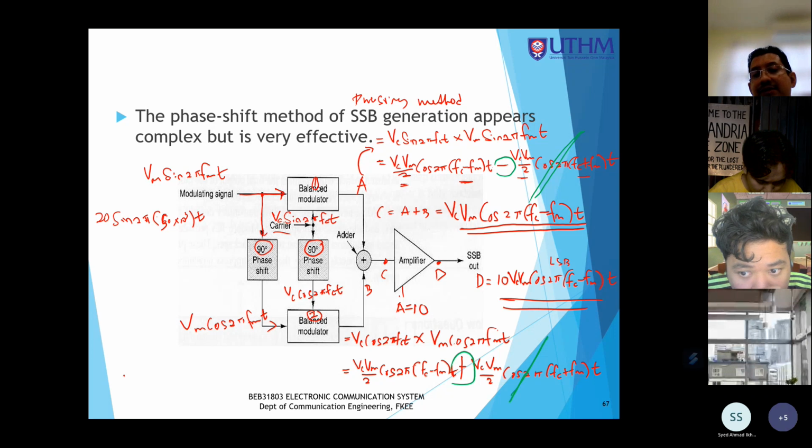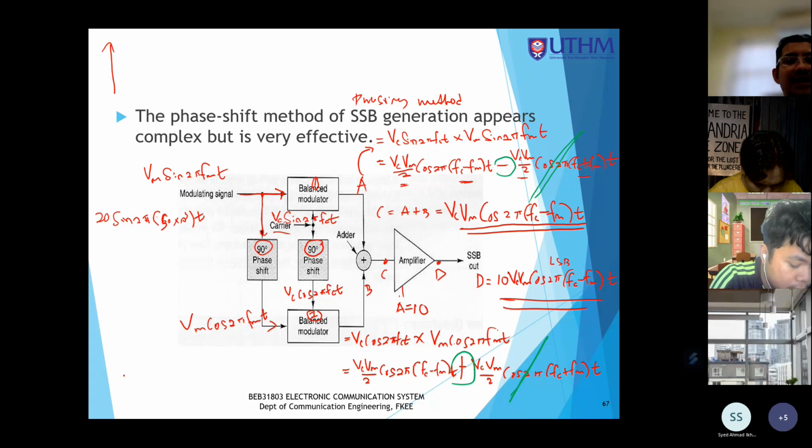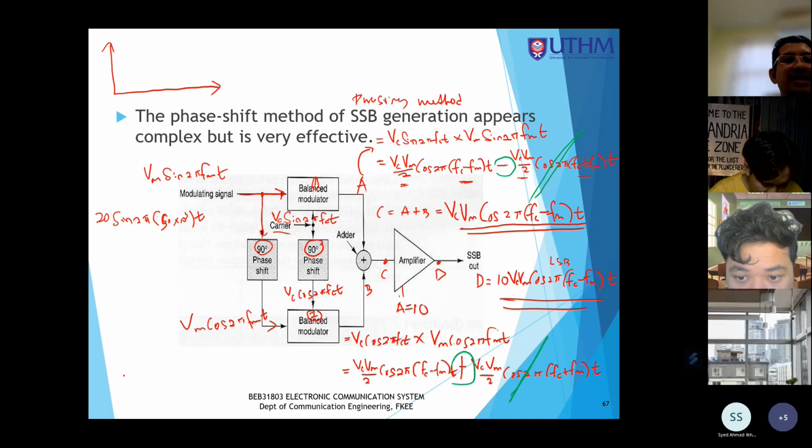Dan macam mana pula kalau kita nak lukis dia punya frequency spectrum? Okay, so kalau kita nak lukis frequency spectrum at point D, how I want to draw the frequency spectrum?